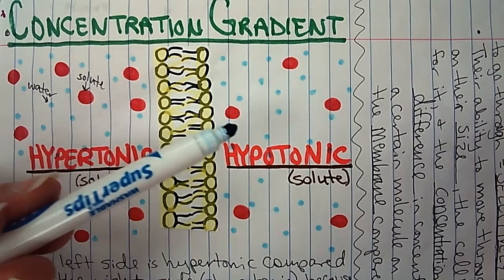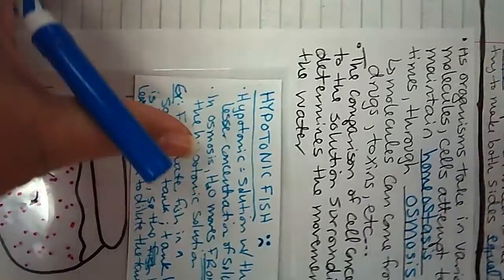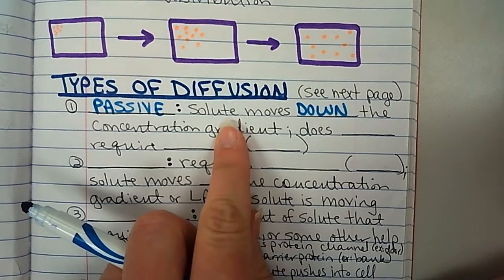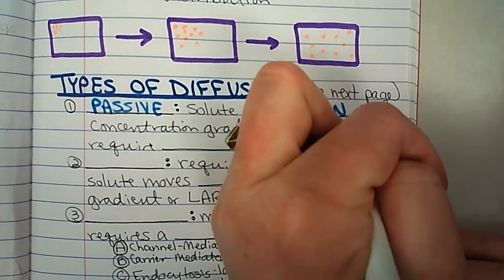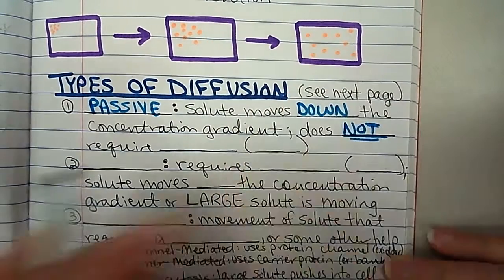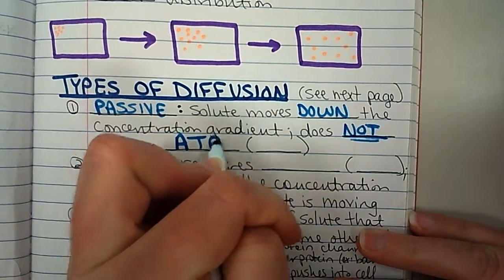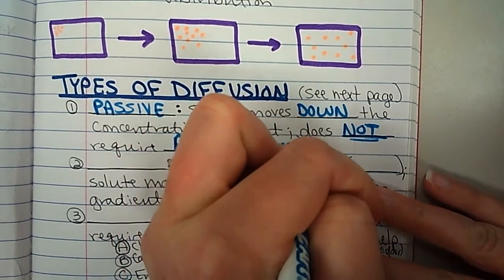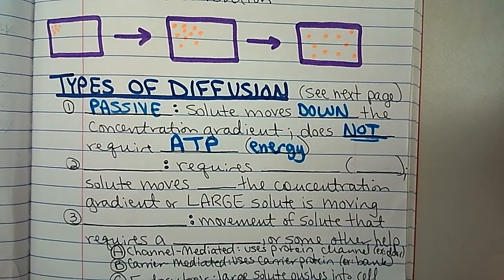That is passive diffusion, where you don't have to input any energy. So let's go back to where we were. Passive diffusion is where solute moves down the concentration gradient. It does not require ATP. We're going to talk about ATP, and that is cellular energy. So no cellular energy is required.